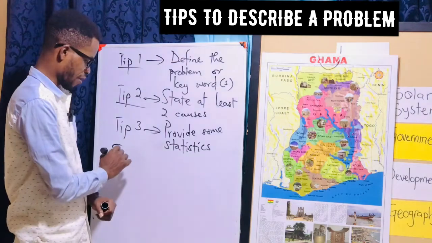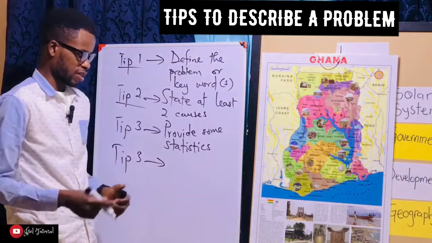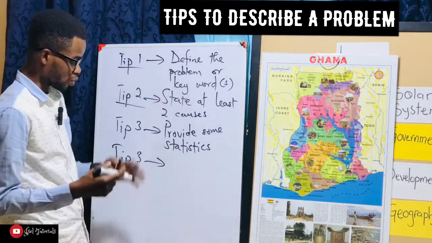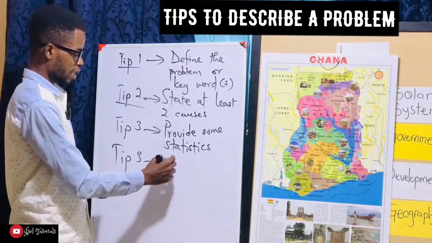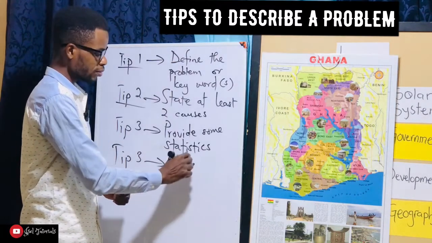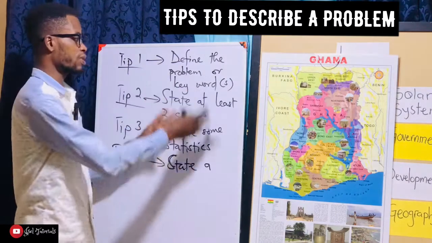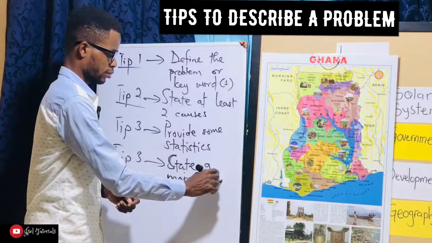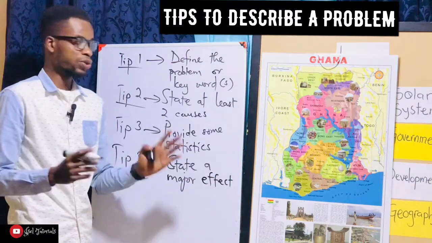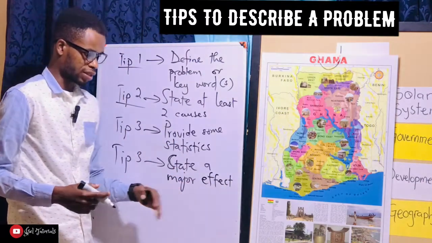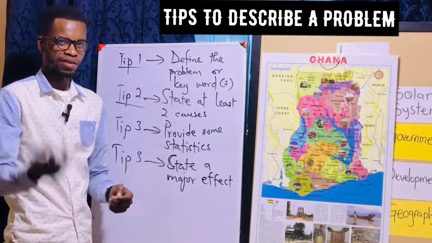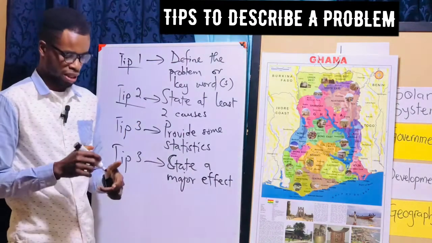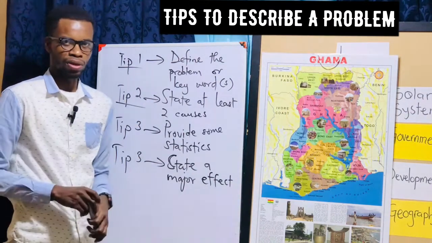So tip number 4: after stating some statistics or records, you can go ahead and state a major effect or consequence, or outcome or result, of the problem. If you build a point like this, you should tell the examiners what is actually happening in the country, looking at this situation or menace.